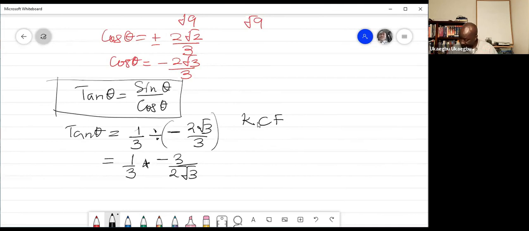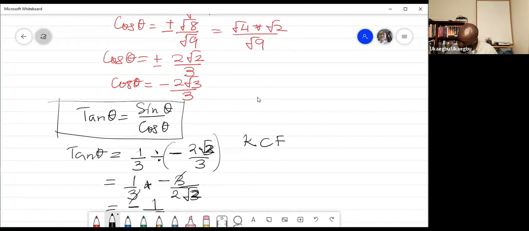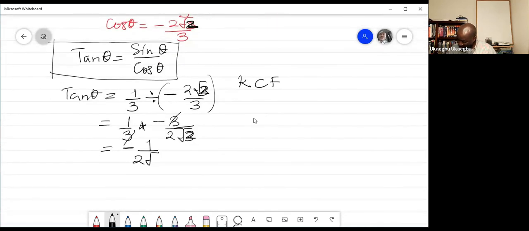You can see 3 divided by 3 is 1. So you are left with negative 1 over 2 square root of, is it square root of 3 or square root of 2? I'm sorry, this should be square root of 2 here, and nobody saw it. All right, so 2 square root of 2.